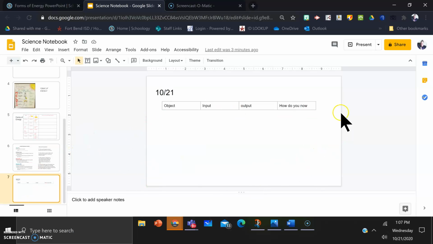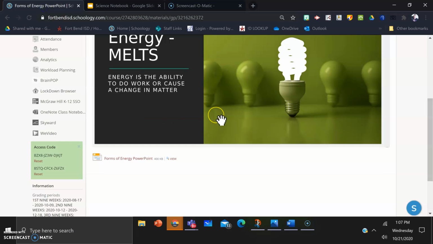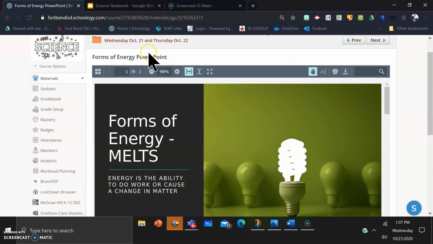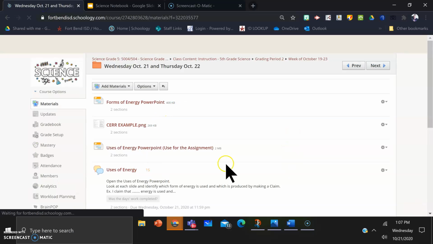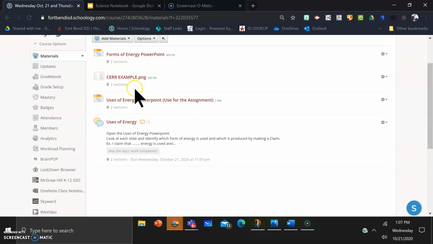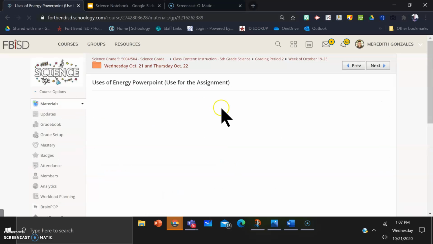Next, in your notebook for today's lesson, you're going to create this chart. You'll notice that in Schoology, there's a second PowerPoint, called the Uses of Energy PowerPoint.